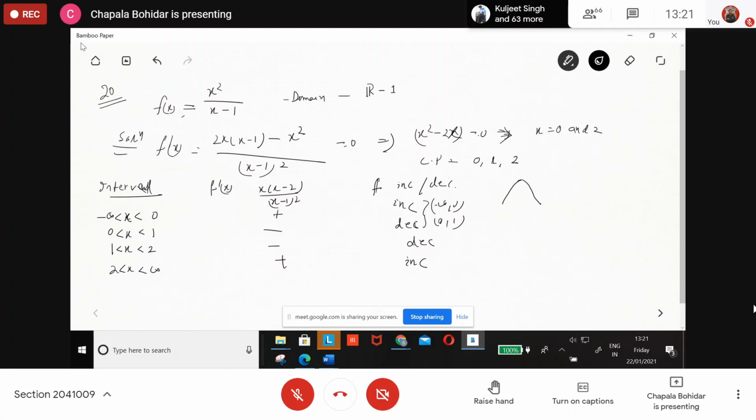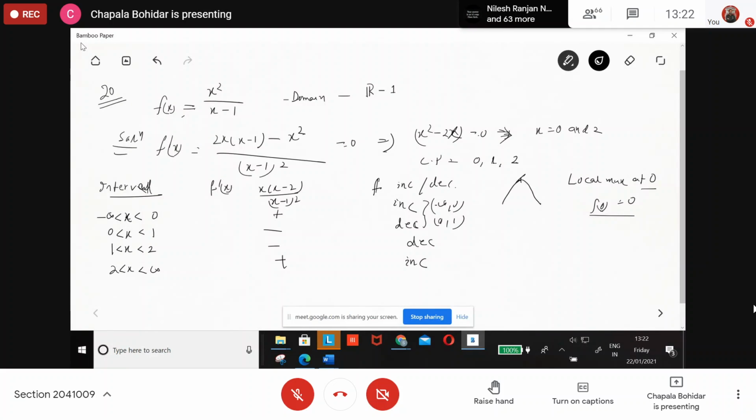So what are you getting here at 0? Local maximum. At 0, f of 0 I am also getting 0. The value of the local maximum is 0.